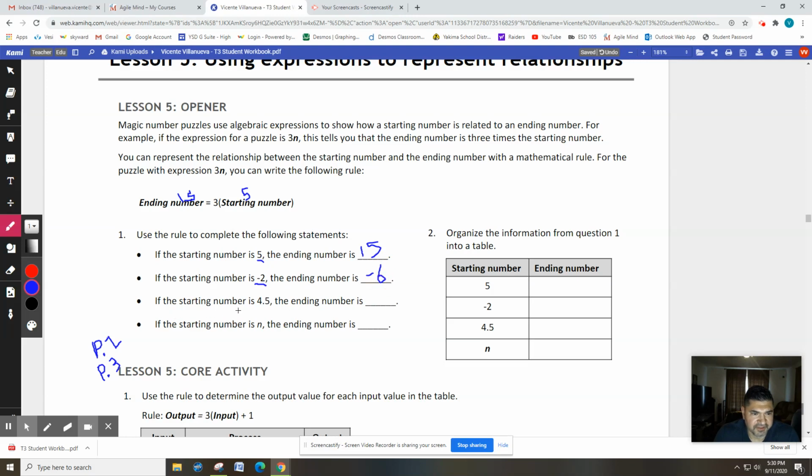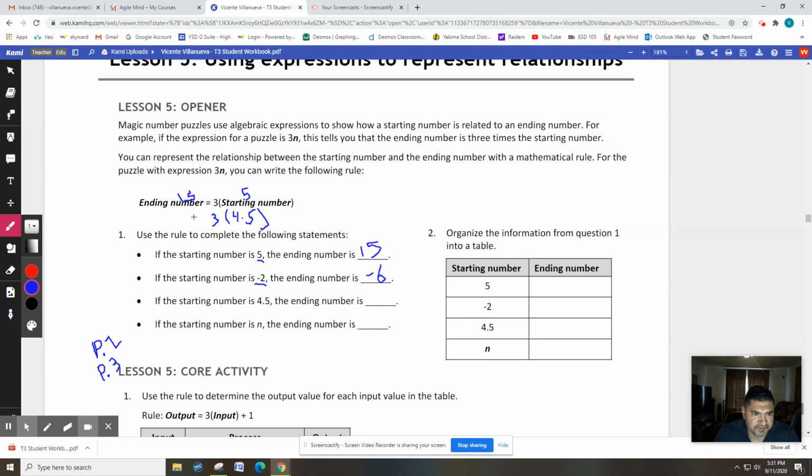All right, if the starting number is 4.5, so we put in 4.5 here. It's going to be 3 times 4.5. Let's see, I'll write that in. Times 4.5.